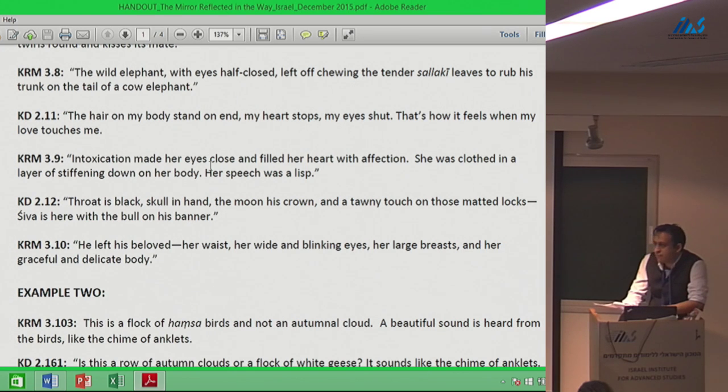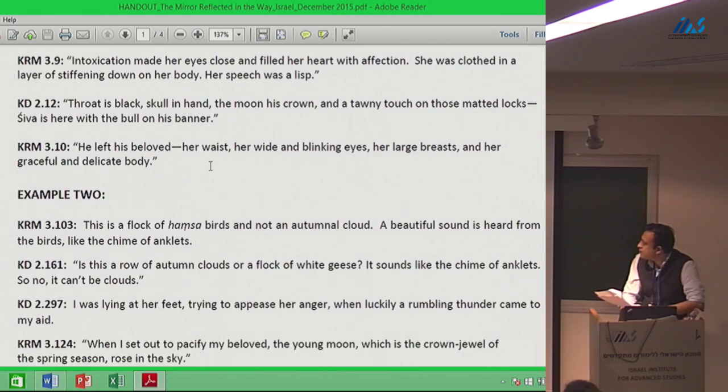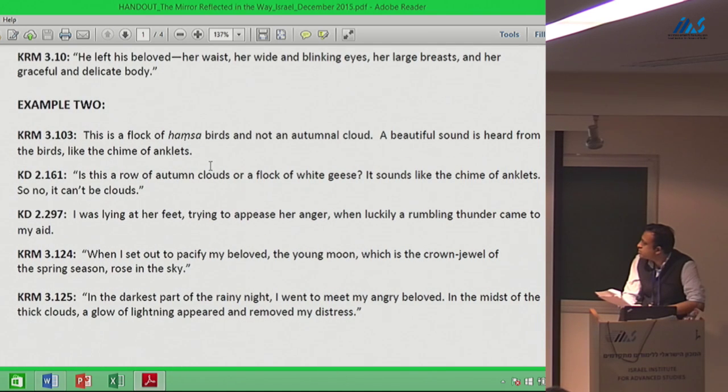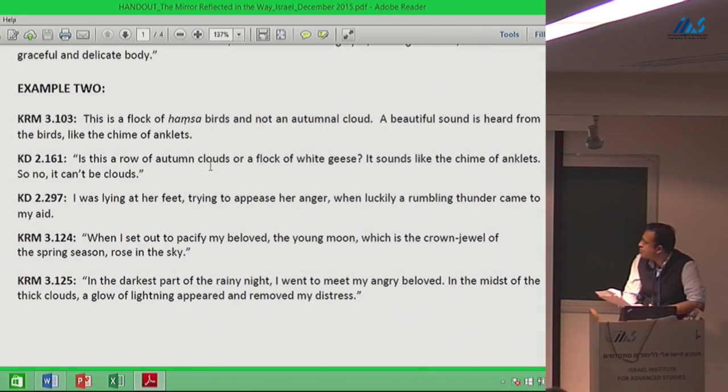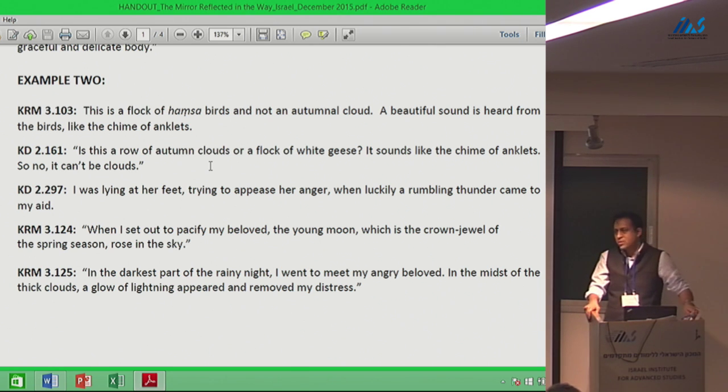Okay, so this is one kind of translational moment of what we might see in these verses and how these two texts might be interrelated. The second example is closer to something I looked at before with reference to Kavya, an argument I had made.